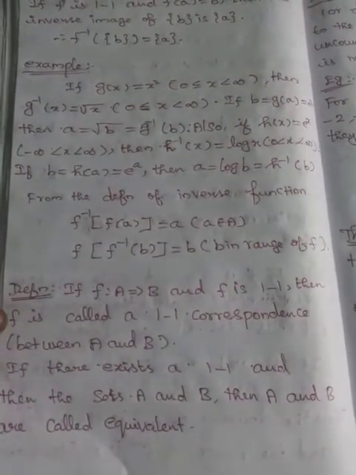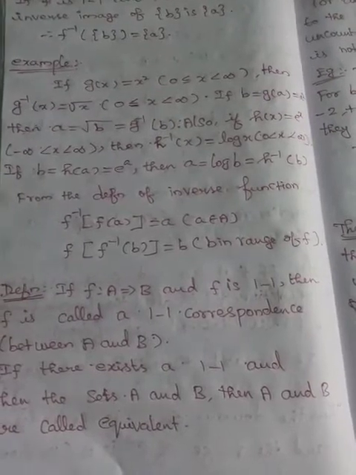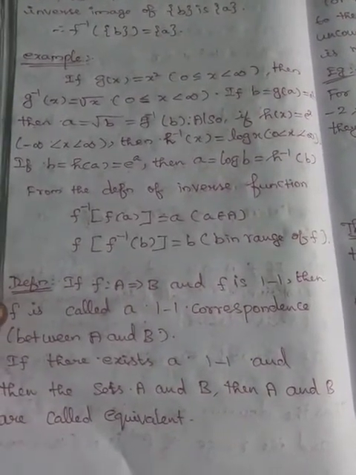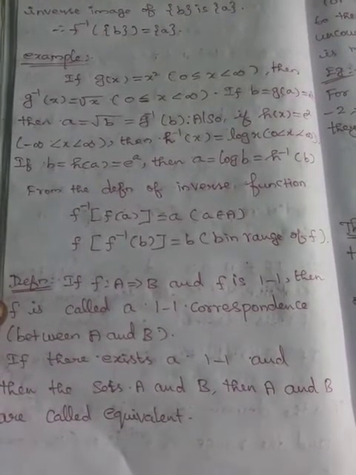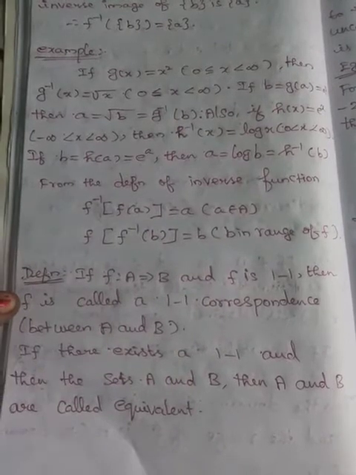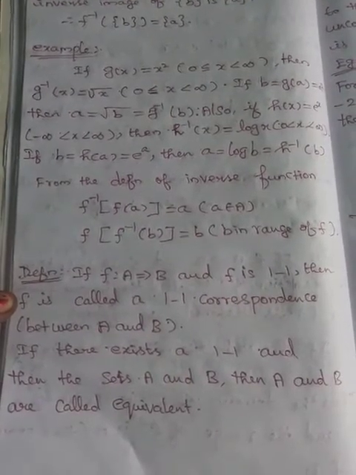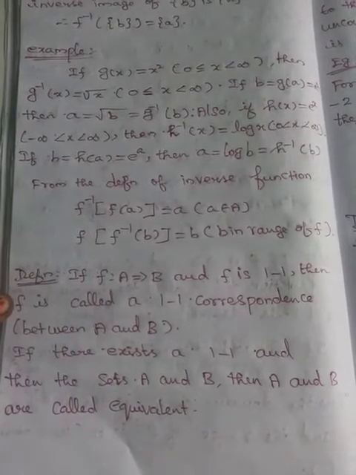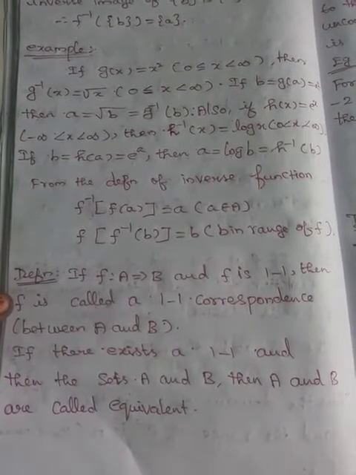Next definition, if f A implies b and f is 1 to 1, then f is called a 1 to 1 correspondence between A and b. If there exists a 1 to 1 correspondence between the sets A and b, then A and b are called equivalent.